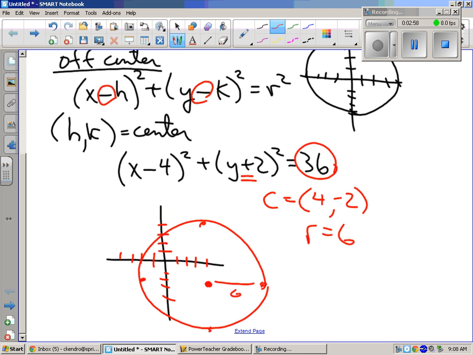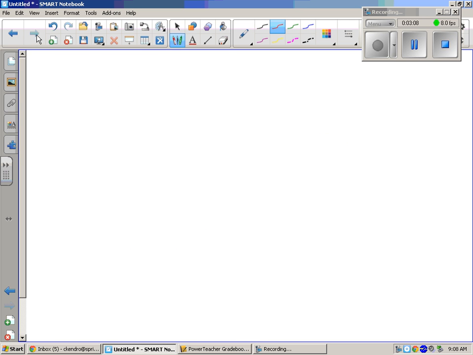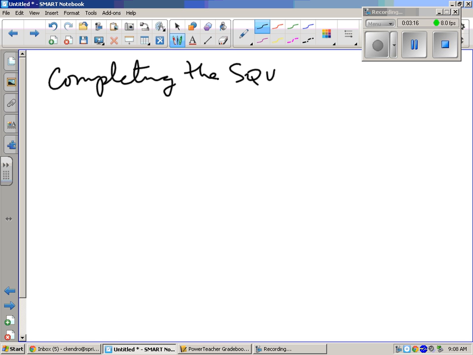Okay, so sometimes we need to get it into this form to be able to draw it like this. And it's not always given to us in that form. So this next process we're going to do is called completing the square. Okay, so we're going to get it to be in the parentheses with the little squares on it.